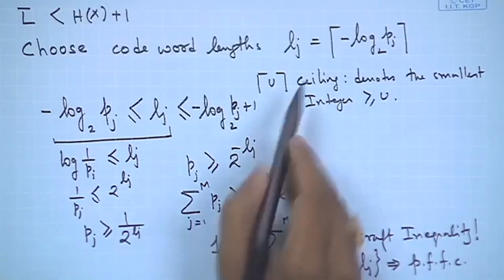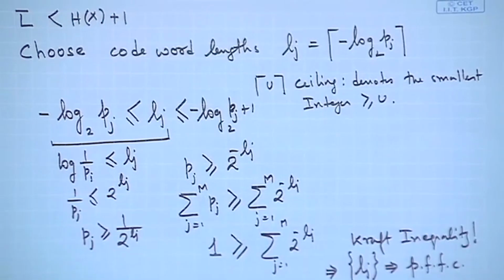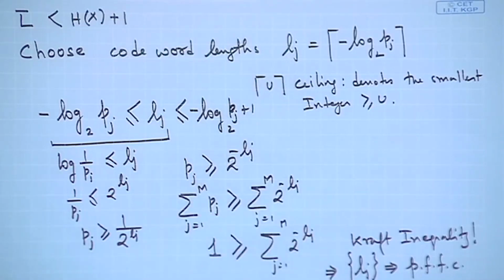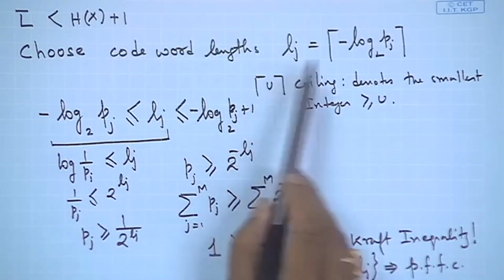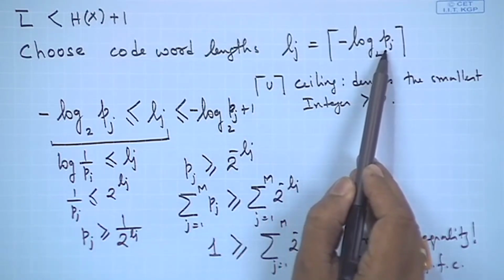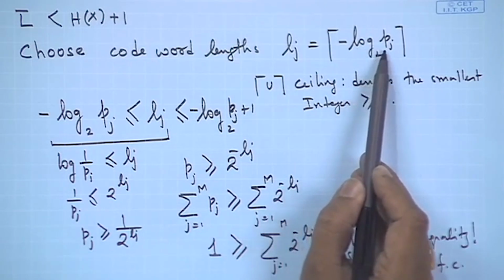So, if we take these kind of code word lengths, which we have selected from the previous solution, where we minimized the code word lengths by taking the Lagrangian and the derivative, we found that L j is equal to minus log of p j, or log base 2 of 1 upon p j, and that was for real lengths.